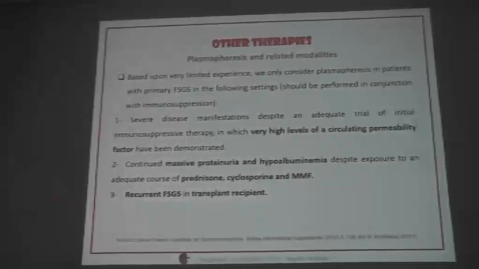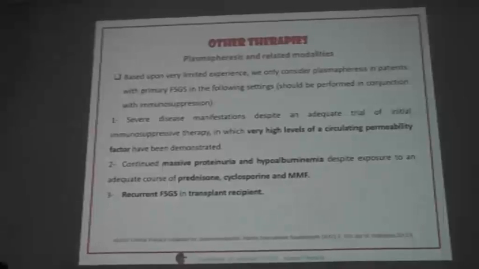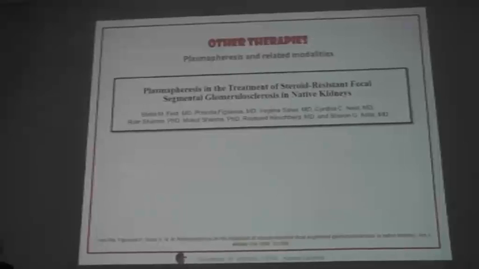And lastly, recurrent FSGS in a transplant patient, which is one of the hyperacute rejections in transplant, and this is one of the indications of plasmapheresis in those patients.